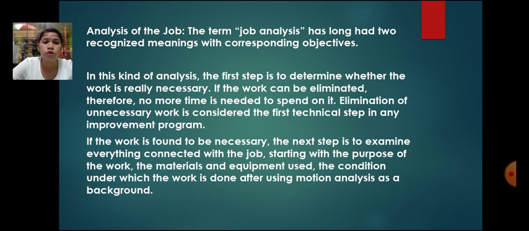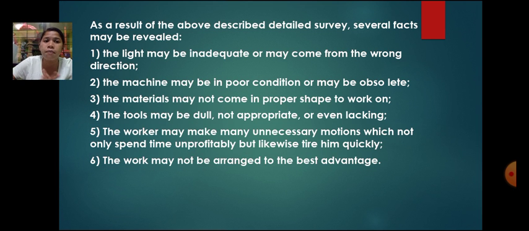If the work is found to be necessary, the next step is to examine everything connected with the job, starting with the purpose of the work, the materials and equipment used, and the conditions under which the work is done, after using motion analysis as a background. As a result of the above-described detailed survey, several facts may be revealed. First, the light may be inadequate or may come from the wrong direction.